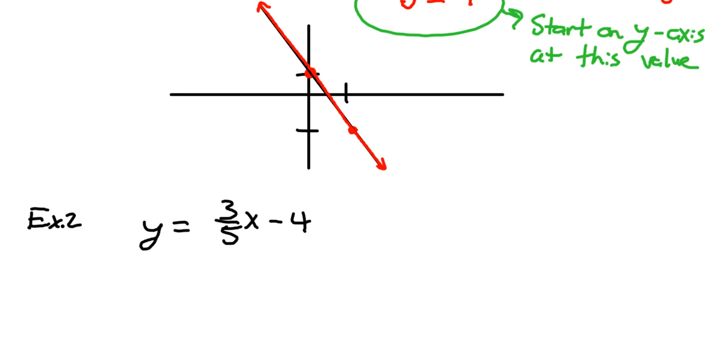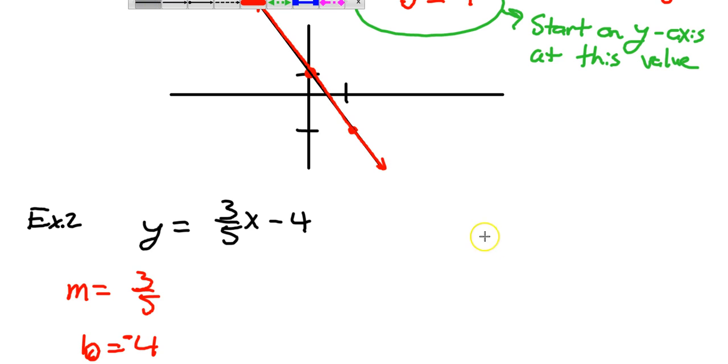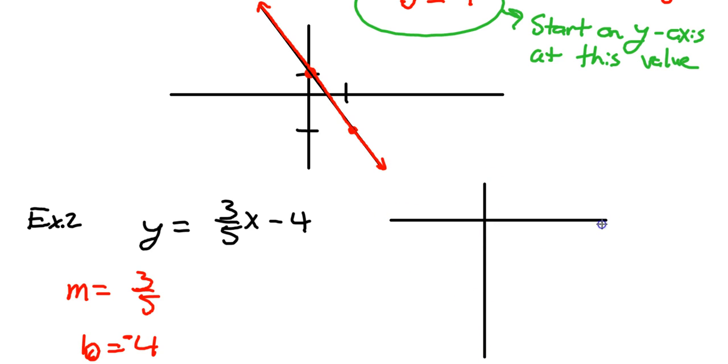Okay, so for this one, let's go 3/5 x minus 4. So your m is 3/5, your b is negative 4. So when you start to graph this one, a little bit more room at the bottom there.